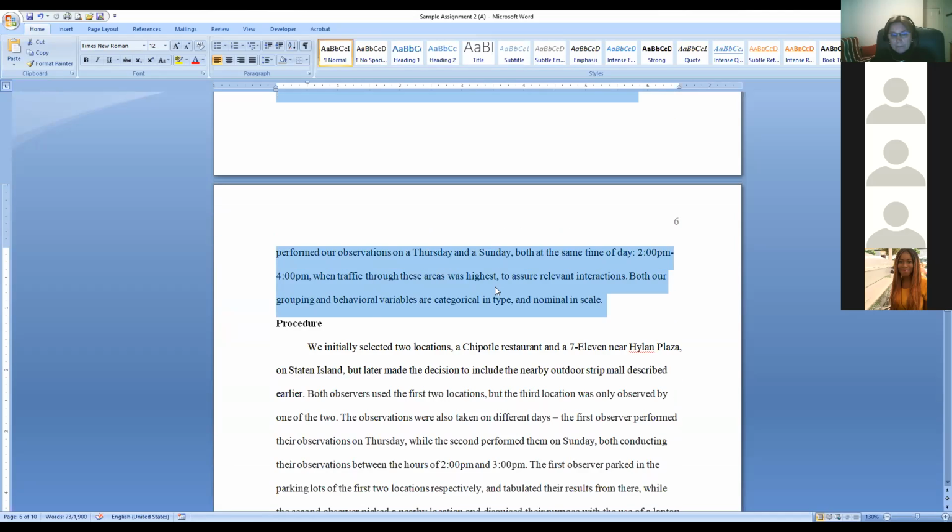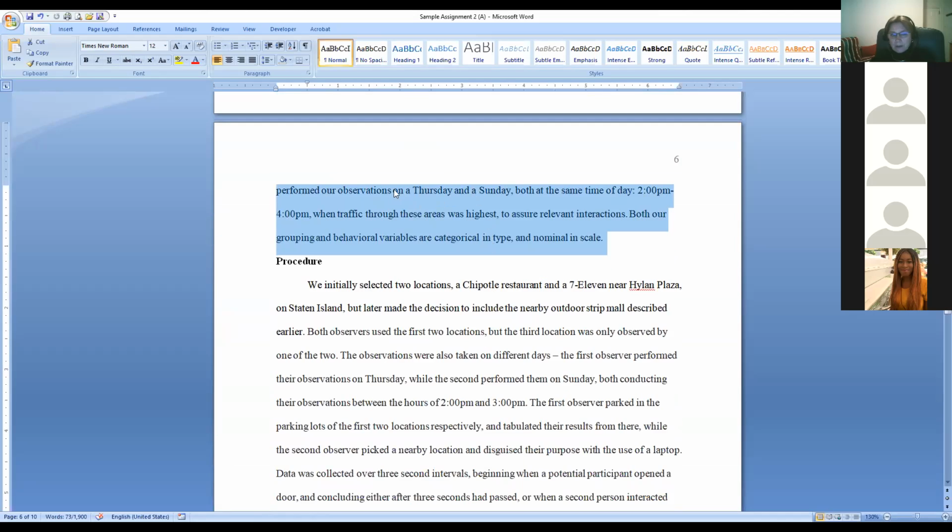They tell us that they did the observations on Thursday and Sunday. That probably should have been in the procedure, but that's okay. Here they're saying that both of our grouping, remember grouping is the same as predictor, and behavior is the same as response. So they're sort of switching a little bit between the terminology, but again, these are all synonyms. So they're saying that both variables were categorical and they used a nominal scale to measure them.